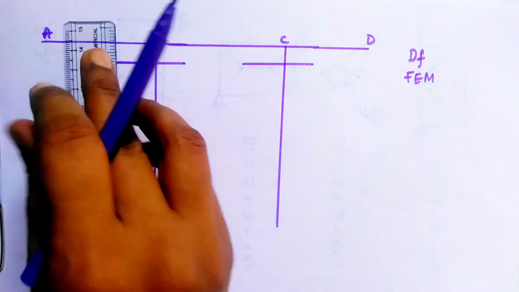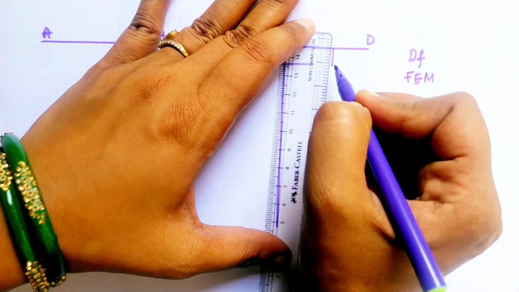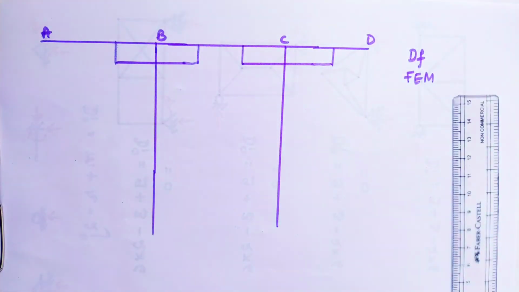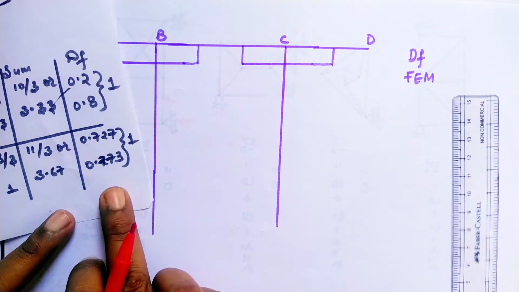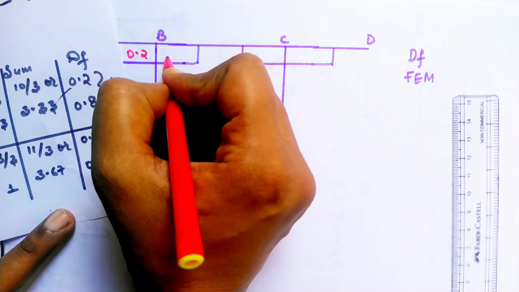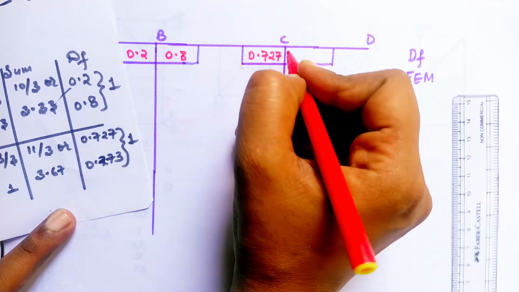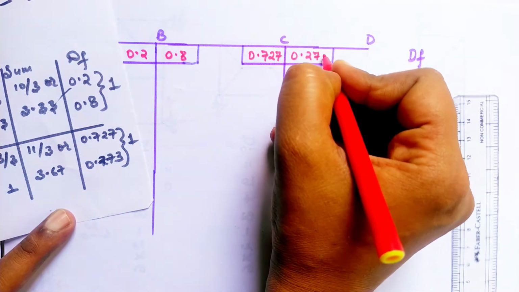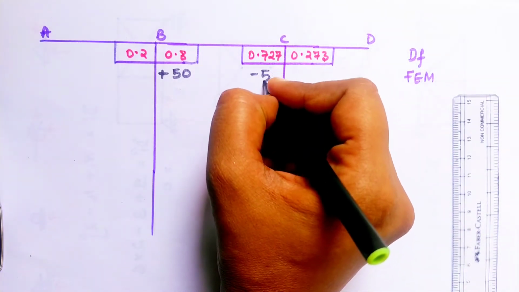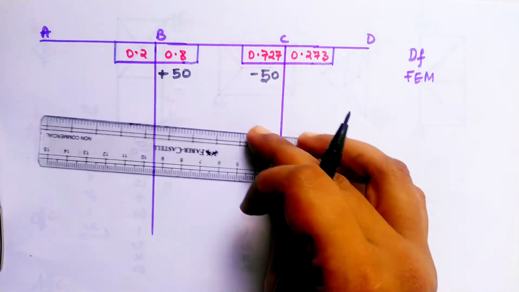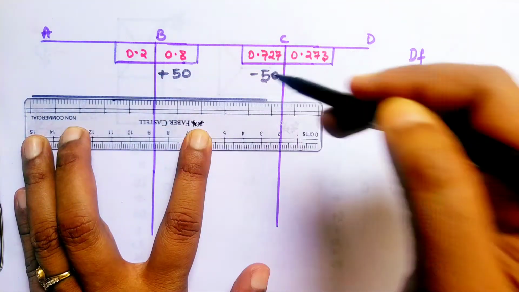So here we are with the table, and what we'll be doing is writing down the value of DF that we have calculated and the value of FEM that we have calculated. I am just simply writing the values here. Now at B support, 50 is the unbalanced moment that we got.